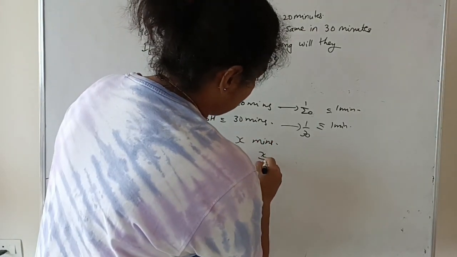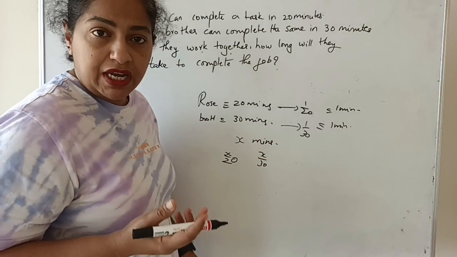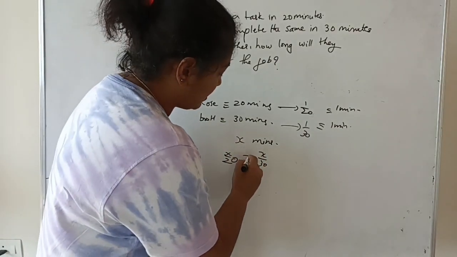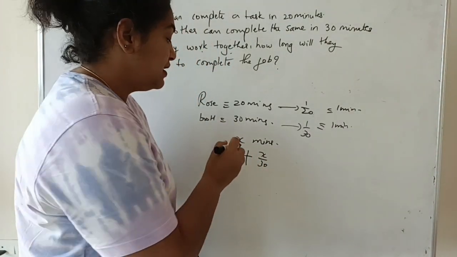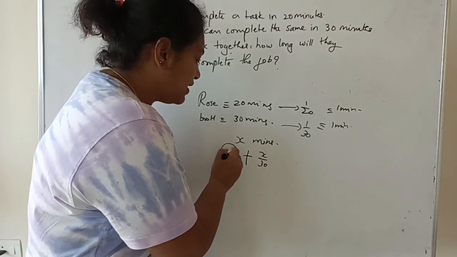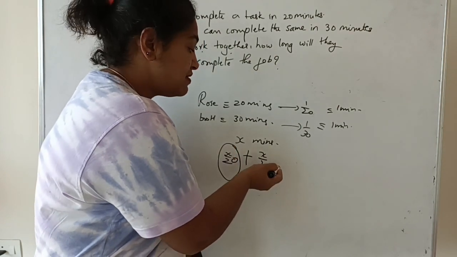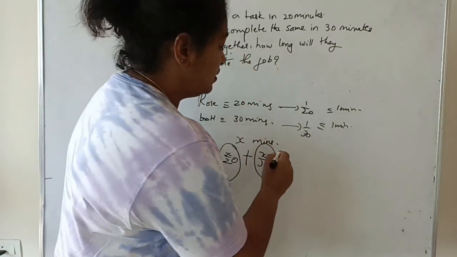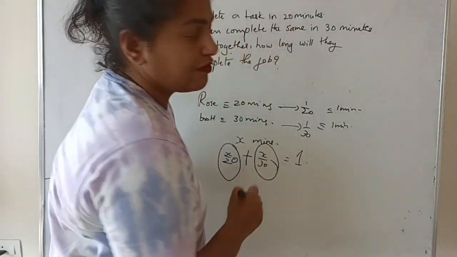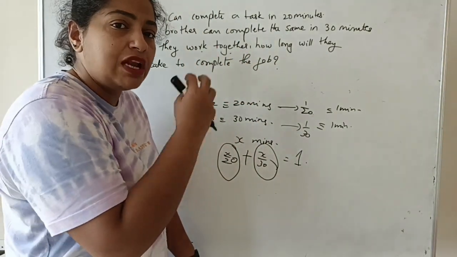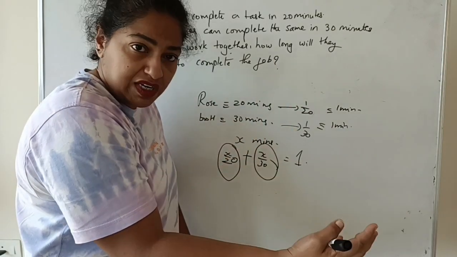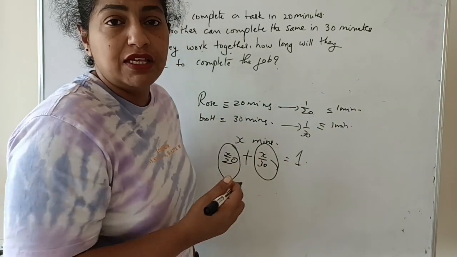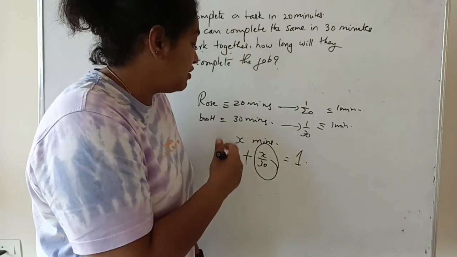It is x by 30. And we are now taking it that both of them are working together. Correct? This is the part of the work done by Rose in x minutes. This is the part of the work done by her brother in x minutes. Now, this should be equal to the total work. The fractional parts should add up to 1. You have a linear equation which you need to solve and find the value of x.